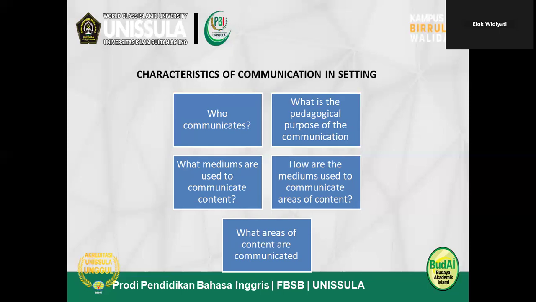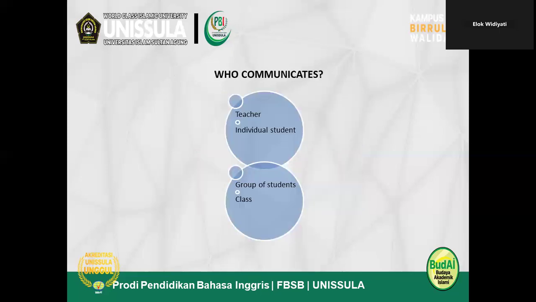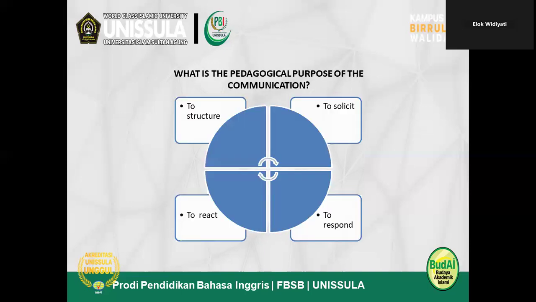And I would like to go through the specific characteristics one by one to share the detail here. First, who communicates? Here, in the case of the teacher, an individual student, or a group of students, and also the class. Now we move on to what is the pedagogical purpose of the communication.